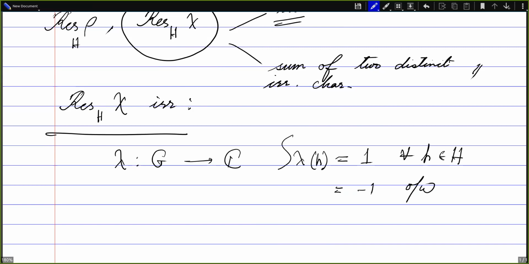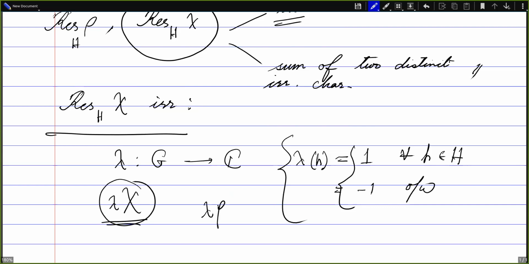So this is a one-dimensional representation of G, and then we can consider lambda times chi. This is also going to be a character, of the representation lambda times rho.